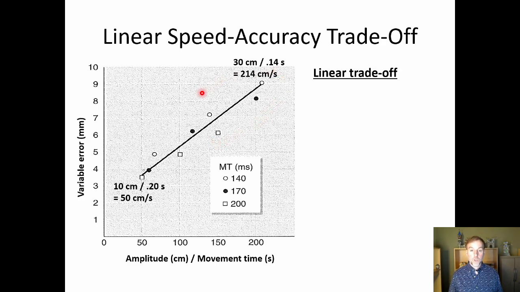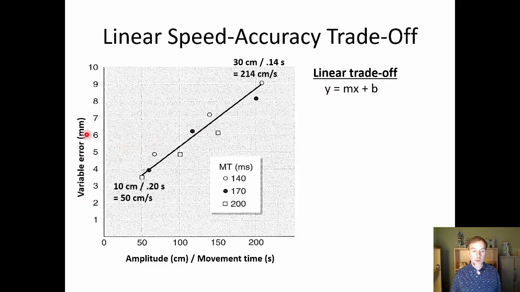We can calculate Schmidt's law by finding the equation of this line. This reproduces exactly what we did with Fitts' law. We start with y equals mx plus b. For x and y, we're not putting in values; we're putting in the labels of our axes.